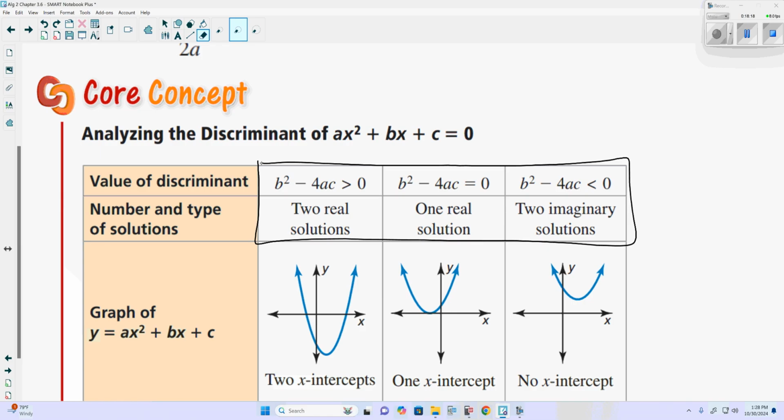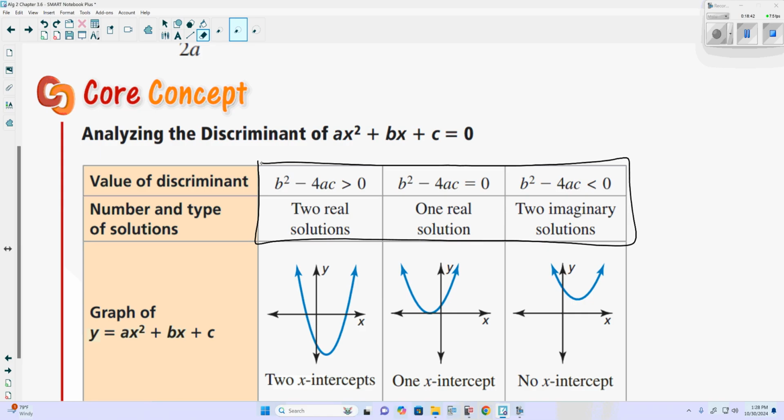We also have the case of b squared minus 4ac equal to 0. We have 1 real solution. And really we could say 1 real unique solution. We saw that today when we got the 2/5 and 2/5. We do have 2 solutions. They're just not unique. They're the same number.